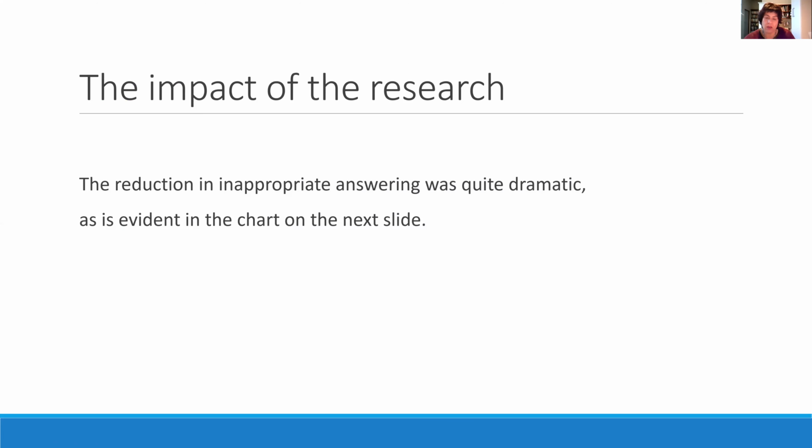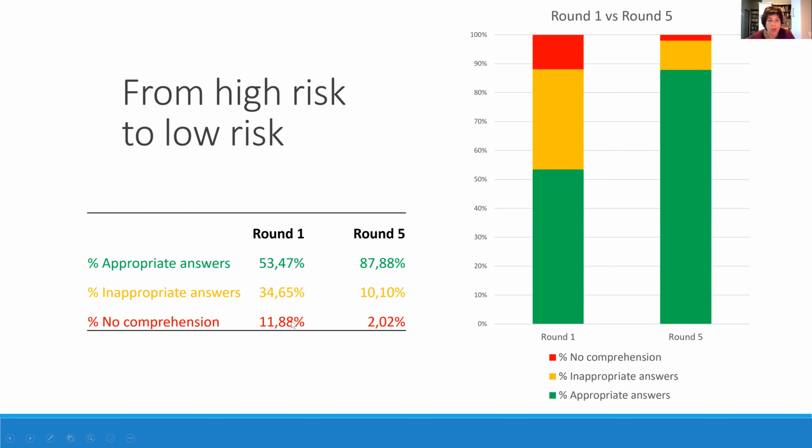The impact of this research was really a shocking eye-opener. The reduction in the inappropriate answers was really dramatic. Have a look at this graph. In the first round, about half of the people either gave inappropriate answers or they had no idea what was being asked.